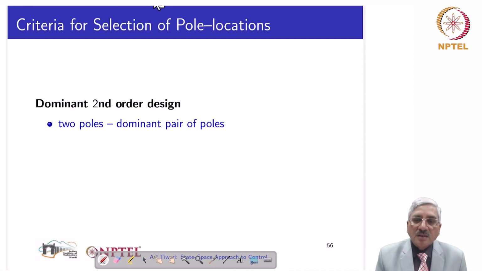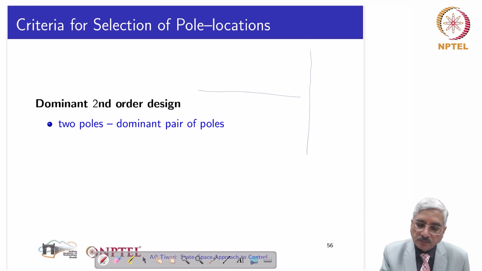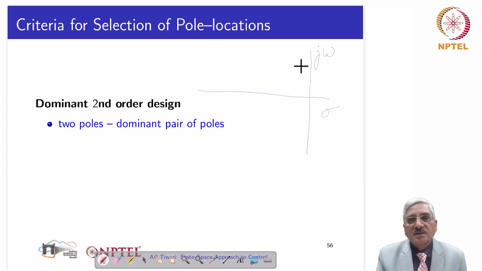In the dominant second order design, as we know, the poles closer to the imaginary axis, this is the imaginary axis, this is the real axis, will be dominant in deciding the system response.